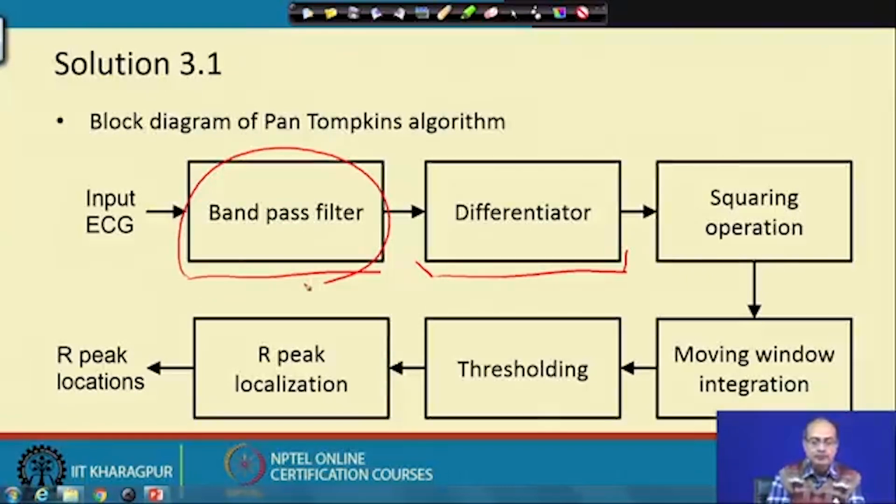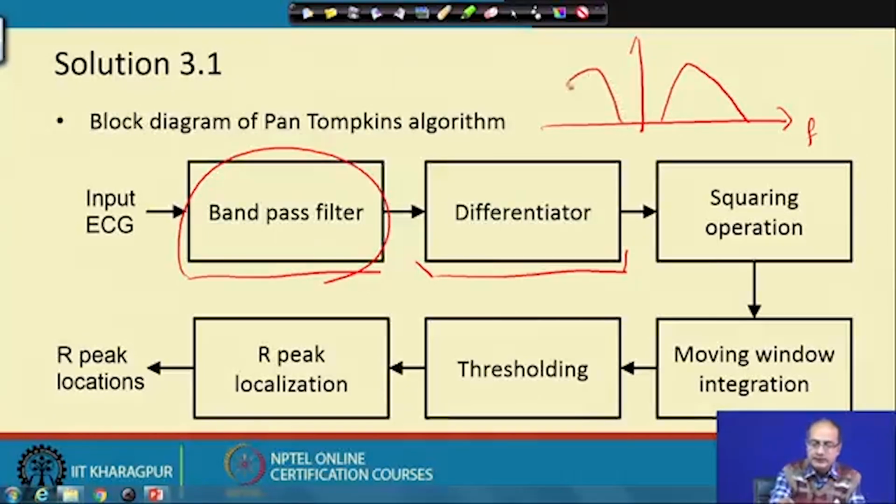Why are we doing band pass filtering? If you look at this, this is the frequency axis and this is the amplitude, and the band pass filter is somewhat like this, and symmetrically for the real signal, the symmetric component would also be there.